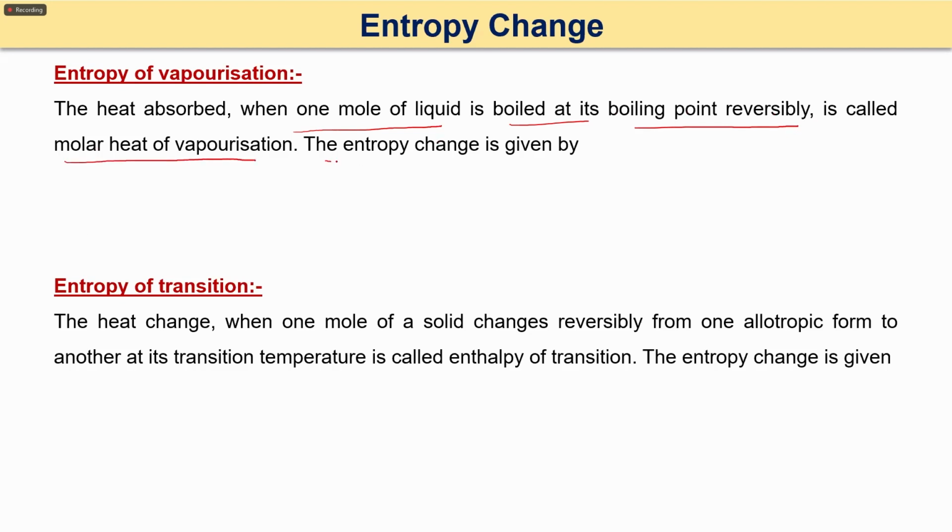In that case, the entropy change delta S vaporization will be given by delta H V, that is molar heat of vaporization, divided by T B. Here T B is your boiling temperature, that is boiling point.